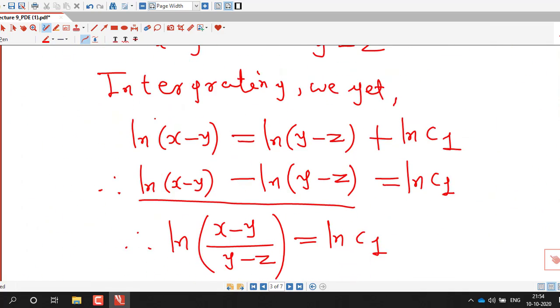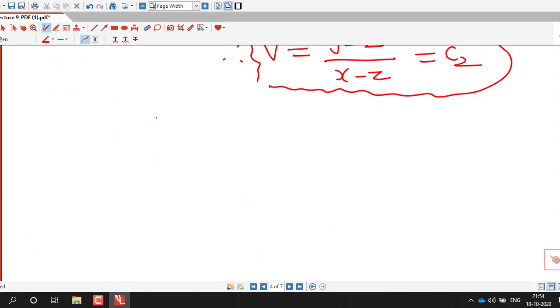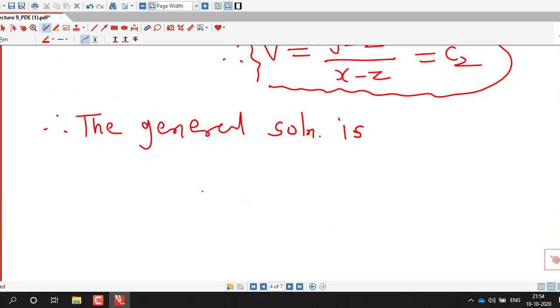So now we have obtained u and v, so we are able to write down the general solution. Therefore the general solution is an arbitrary function of u, v, say phi, equal to 0.